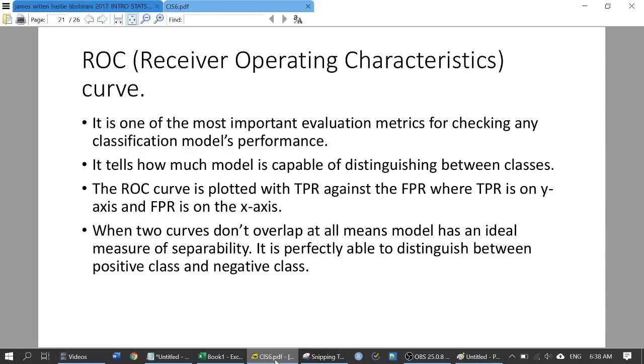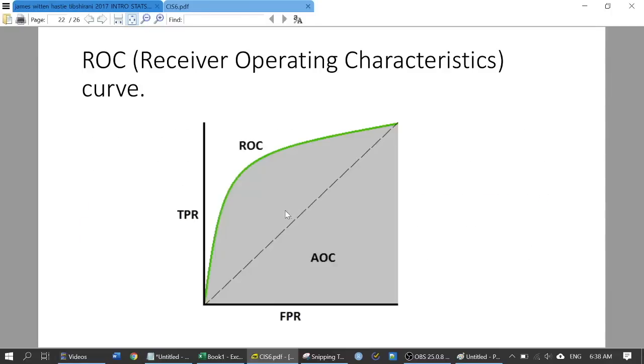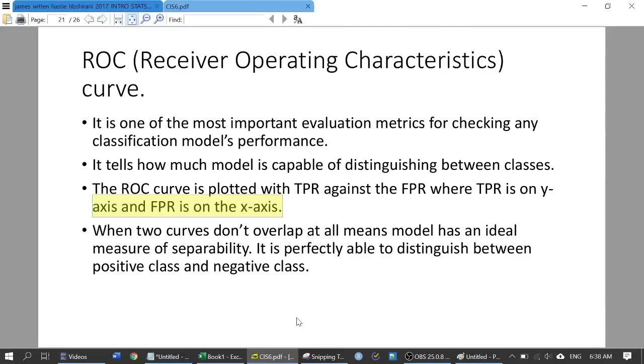So the ROC curve is plotted with the true positive rate against the false positive rate, where the true positive rate is on the y-axis and the false positive rate is on the x-axis. Okay, so this is TPR and FPR here.